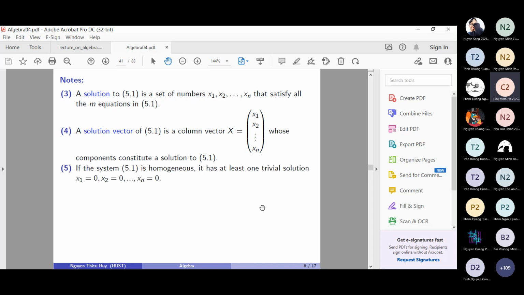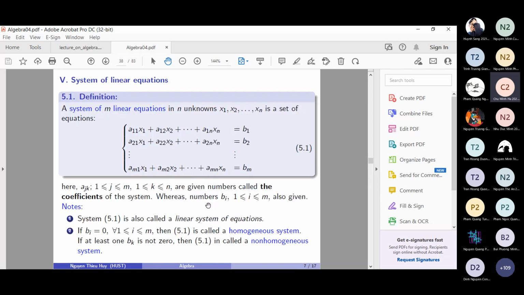And one very special remark: if the system is homogeneous, which means that the right hand side is 0, then actually it always has 0 as a solution. All of them are 0. So x1 is 0, x2 is 0, and so on, xn is 0. So here you put all of x1, x2, to xn as 0, then you obtain the right hand side 0.